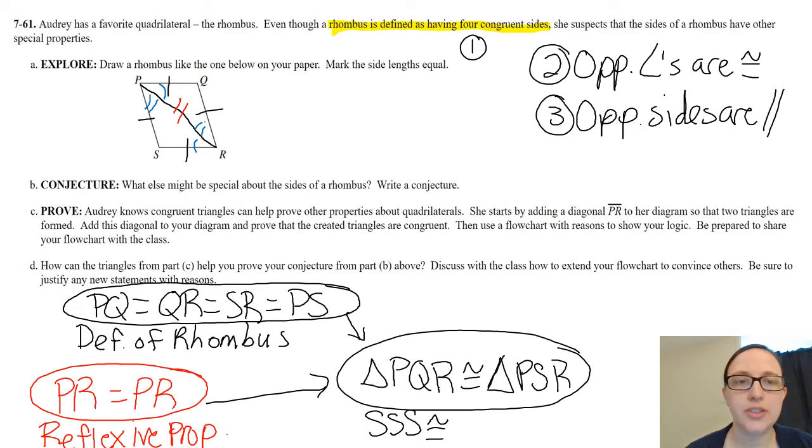All right, so we're going to say angle QPR is equal to angle SRP.